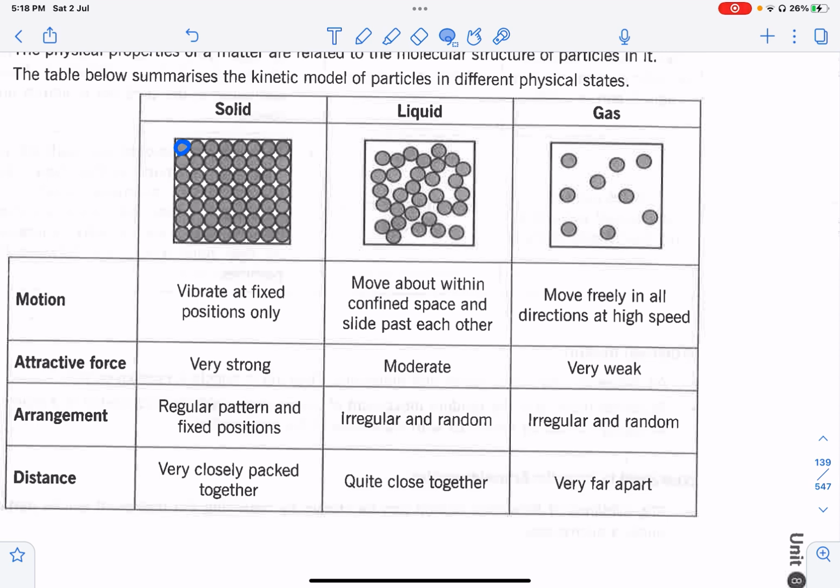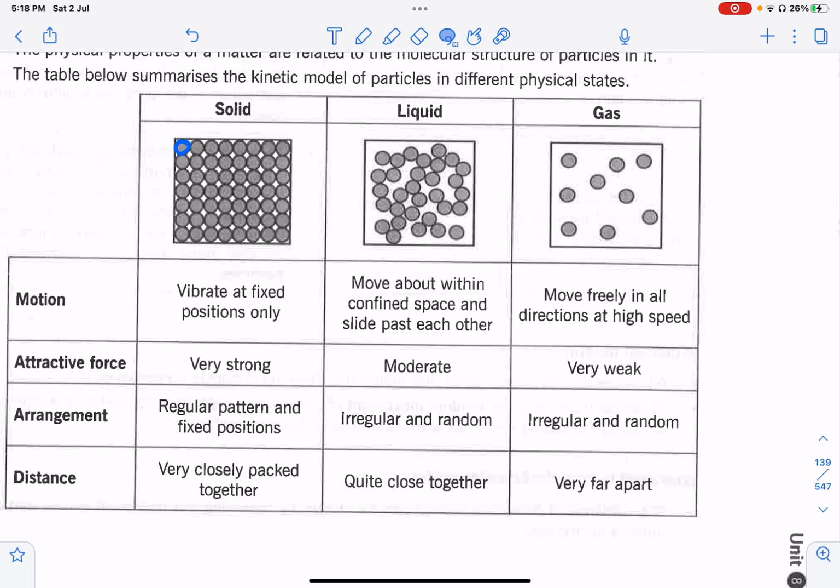Because the force of attraction is not that strong, the grip between them is weaker. Hence, they can move around more randomly, and it establishes an irregular structure. The distance, however, is still relatively close, where you can see some of the particles are touching each other.